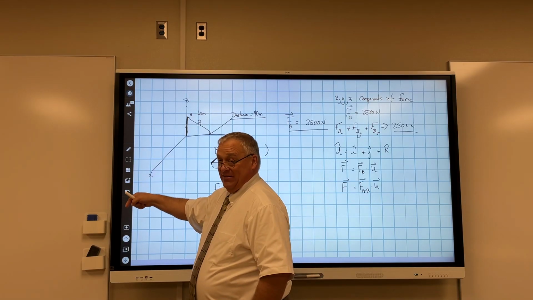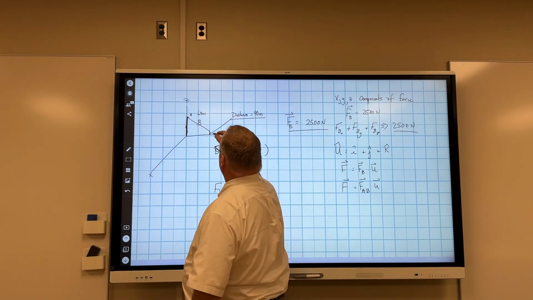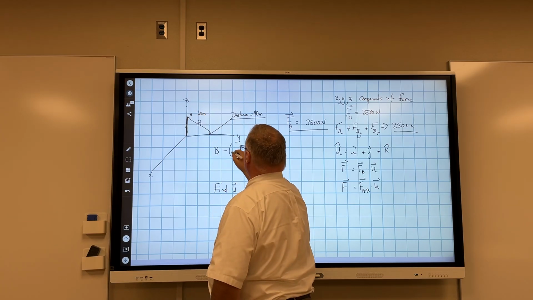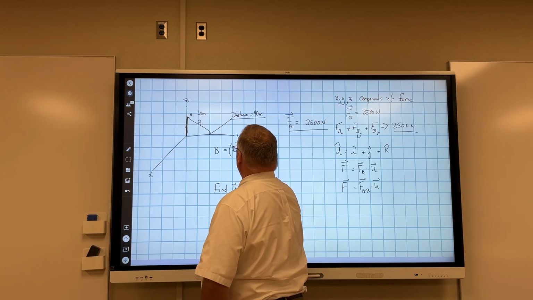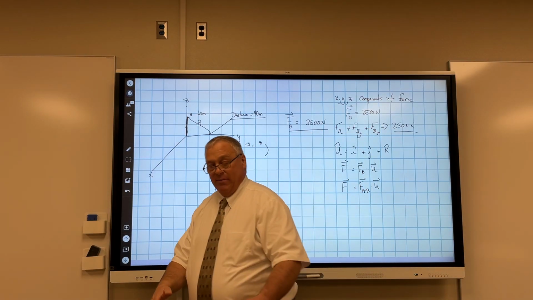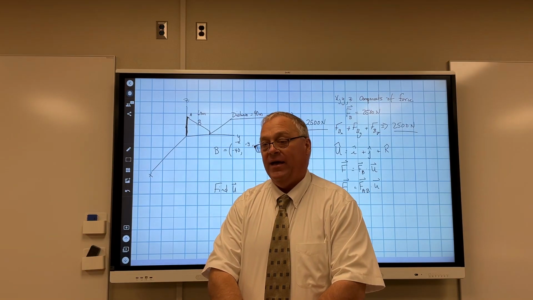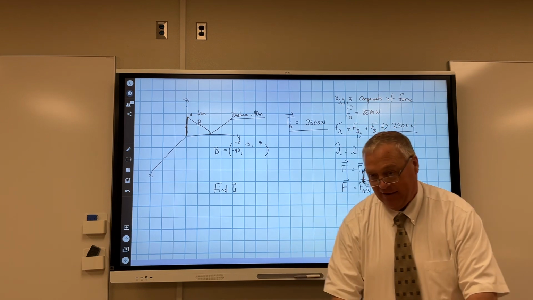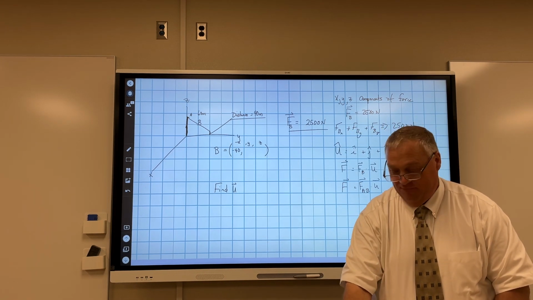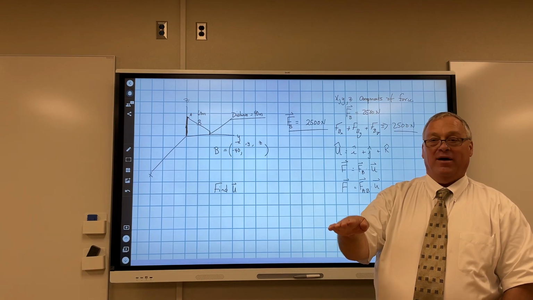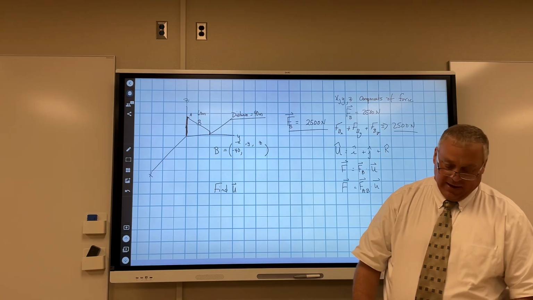This is positive X, so that's negative X. It's 40 meters above negative X, right? So B would be negative 40 for the X. Think about my Coke bottle here. X is coming out here, Y is going along here, the line is back here. This is 40 meters behind, not 40 meters above, 40 meters behind.